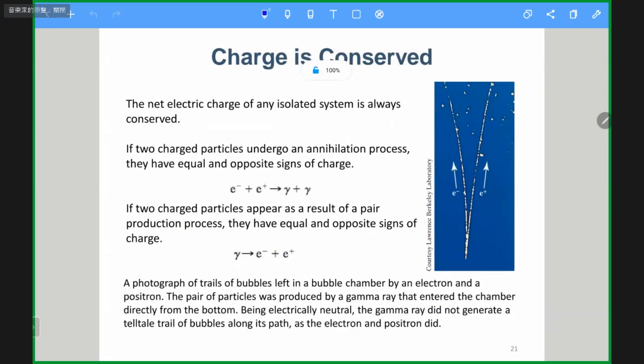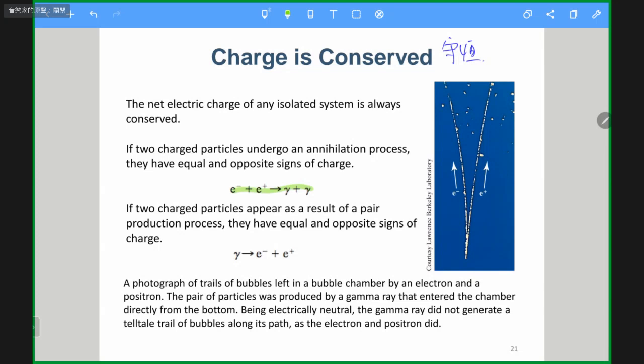Okay, the next topic is charge conservation, which means that we cannot create or diminish charge. Here we have a reaction formula.